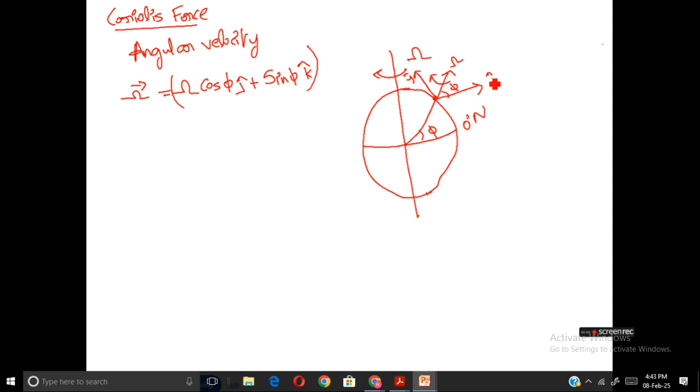So that is k. So it will basically have two components, omega cos phi j and omega sin phi k, or omega into cos phi j plus sin phi k.